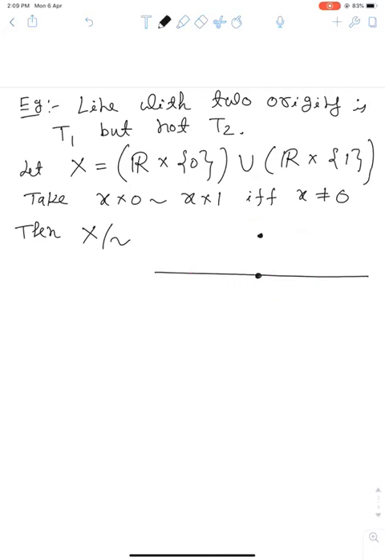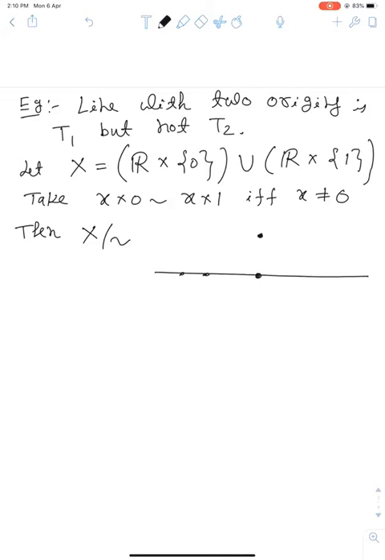Now by the construction, it is easy to see that this topological space is T1. Why? Because if we choose any 2 points in this line, you can separate them by open neighborhoods, so obviously they are separated.